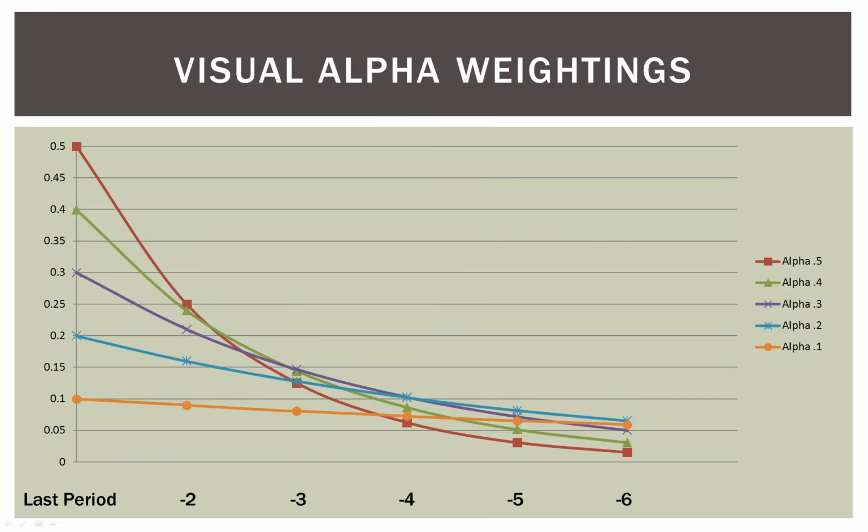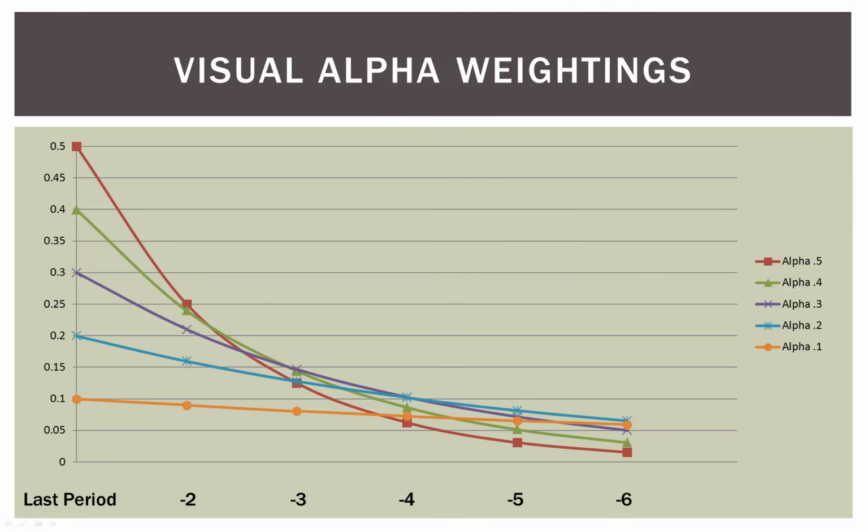Now each point represents a number of periods, or number of years in our case, in the past. So we have last period right on the axis, then we have 2 years ago, 3 years ago, 4 years ago, 5, and 6. On the y-axis up and down we have weights, and that is the weight we're going to give that year.